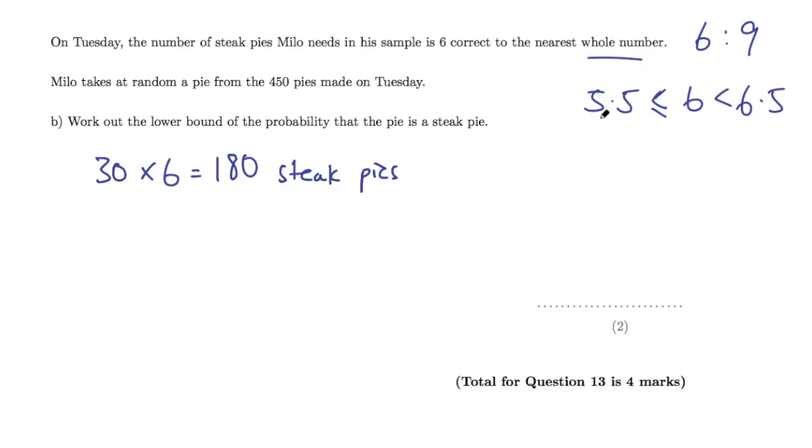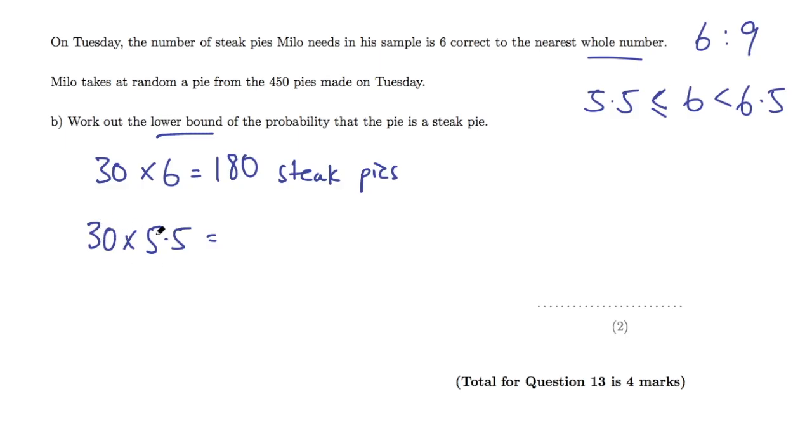But what's the lowest that this number could possibly be? Because he's rounded that 6 to the nearest whole number, and we want to know the lower bound. So we could do 30 times 5.5, and that will give us the lower bound of the steak pies.